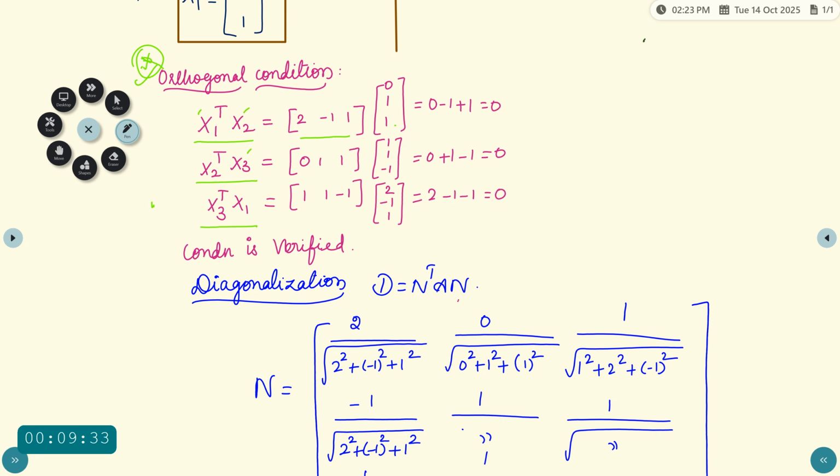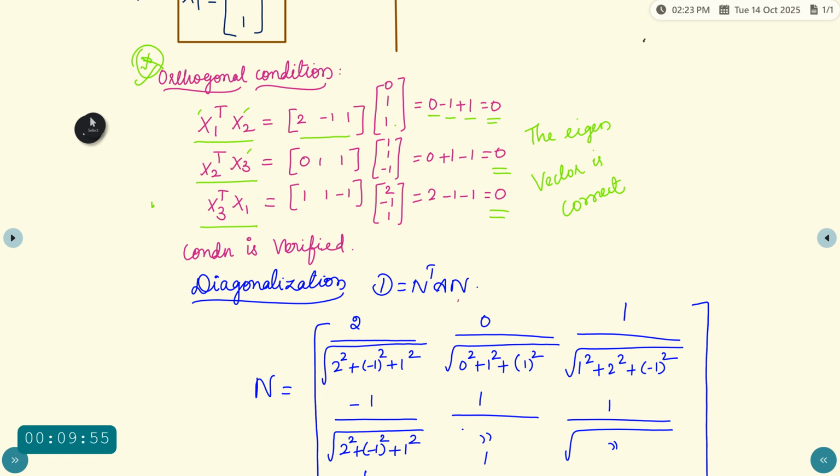You multiply this, 2 into 0, 0, minus 1 plus 1, you are getting the answer 0. Here also 0, here also 0. Then only the eigenvector is correct. Otherwise, you have to check the eigenvalues.